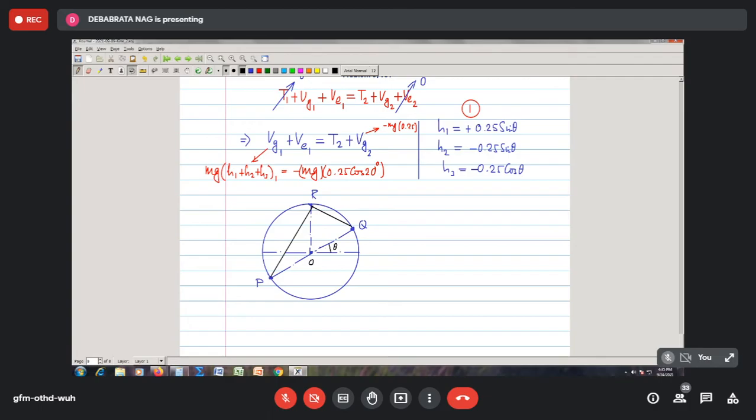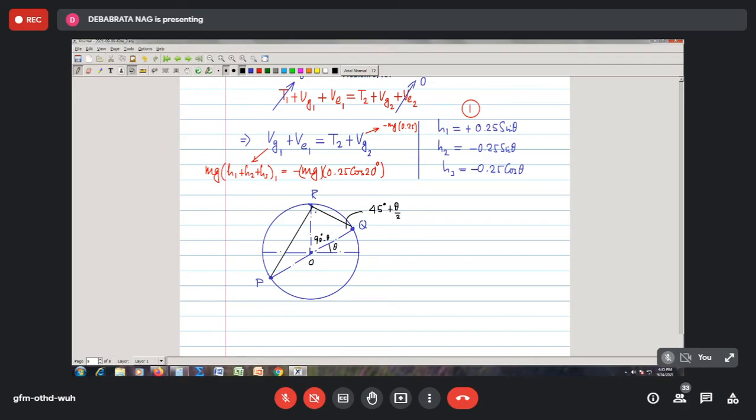If this is theta, then of course this angle is going to be 90 degree minus theta. Since this is an isosceles triangle ORQ, these angles will become equal to 45 degree plus theta by 2 each.